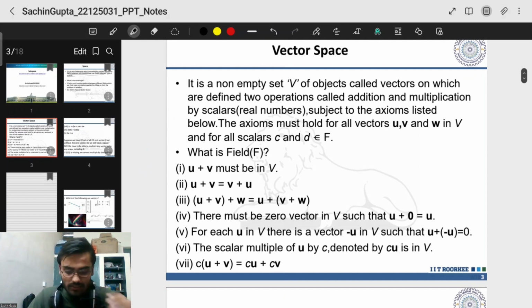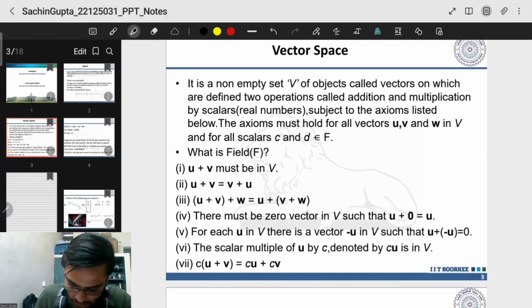A vector space is a non-empty set of objects called vectors, on which are defined two operations called addition and scalar multiplication, where the scalars belong to a field.